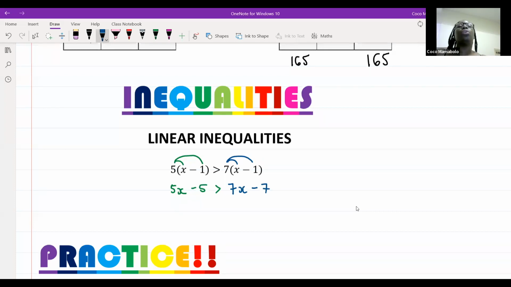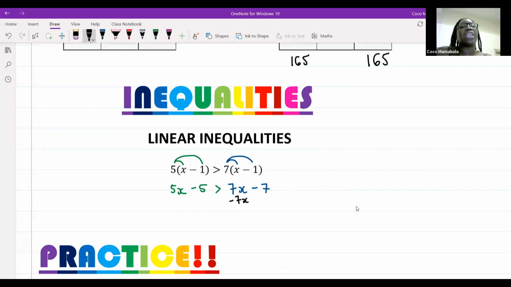Now, the rules are not going to change, guys. Remember when we were doing equations, we said that we want everything with an x on the left-hand side, and everything with a number on the right-hand side. We're going to do the exact same thing. I'm going to take 7x over to that side, and it's going to become -7x.